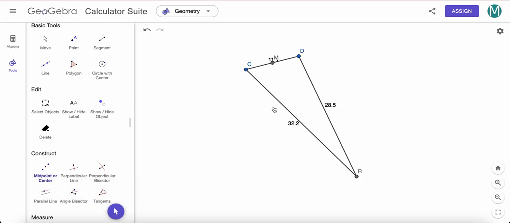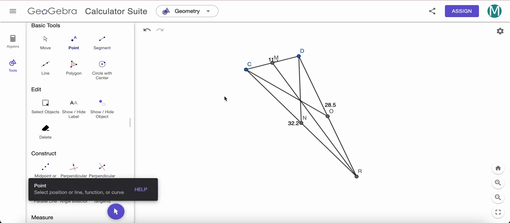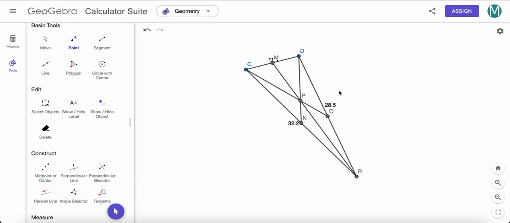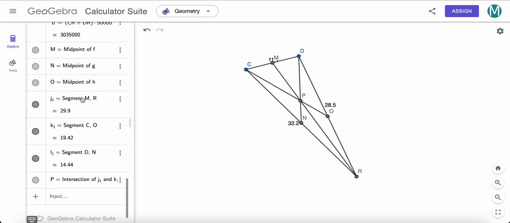Let's find the midpoint of each side, and join them with the opposite vertex, and the intersection is going to be our median. We can label it G because it's the center of gravity. So P is our median.